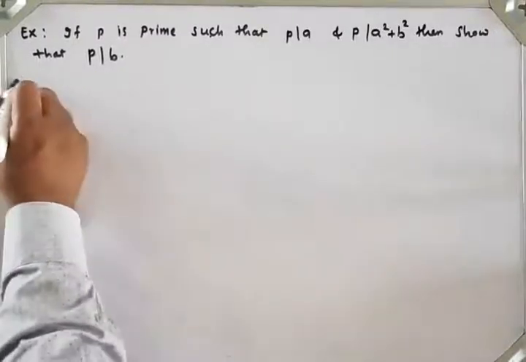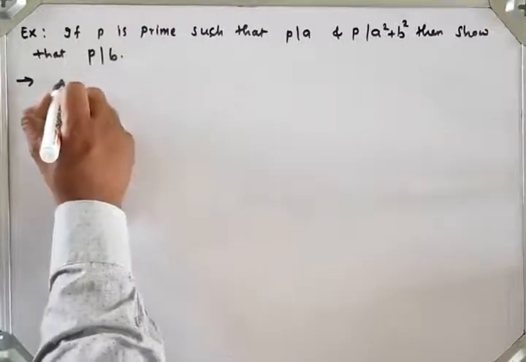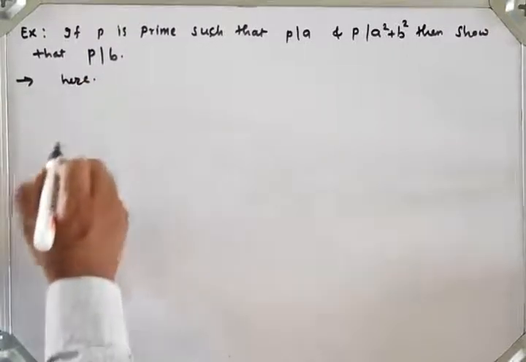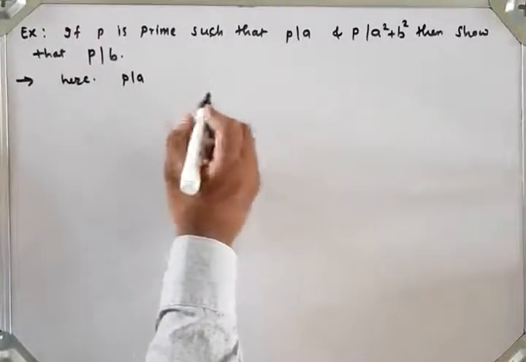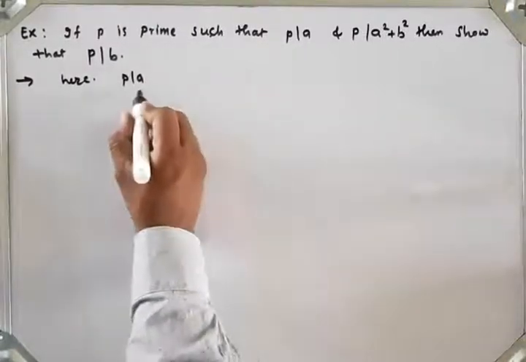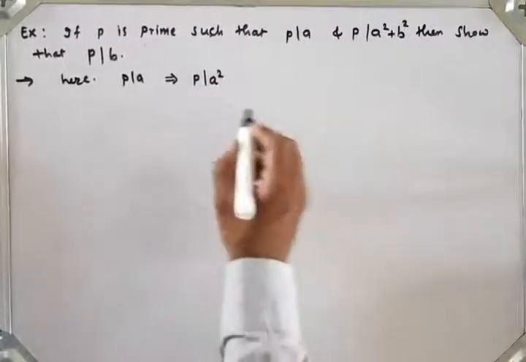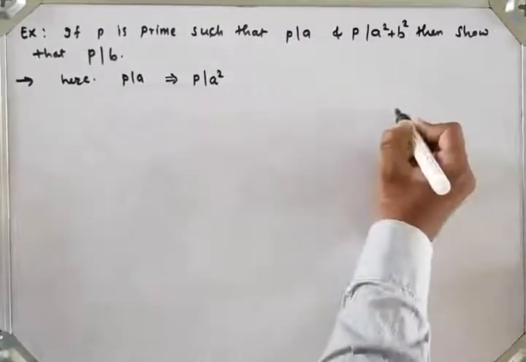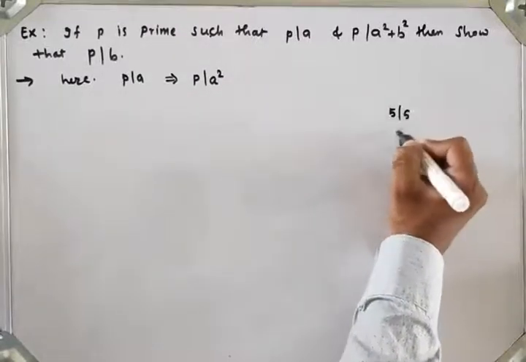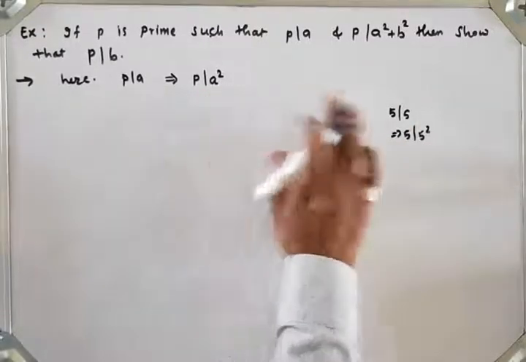So here p is a prime number. What we have given is p divides a, then by using the property, p divides a, then p must divide a square, right? For example, 5 divides 5, then 5 also divides 5 square, right? So we write this like this.